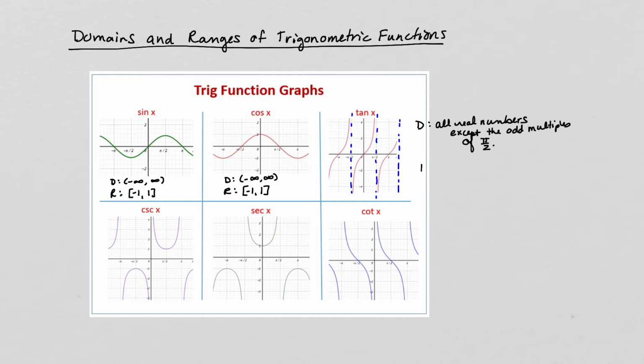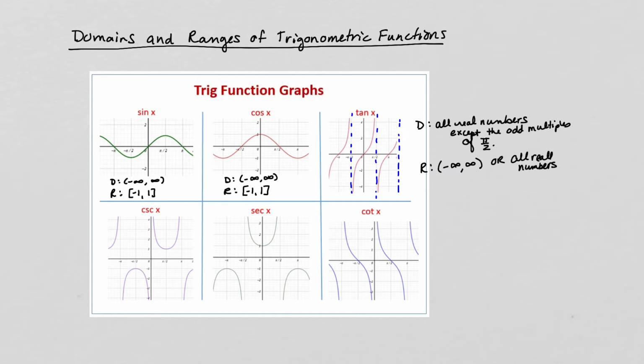And then the range here, each of these pieces goes all the way down to minus infinity, and all the way up to positive infinity. So you can write it either as minus infinity to infinity, or you could write it as all real numbers. Either one of those works.